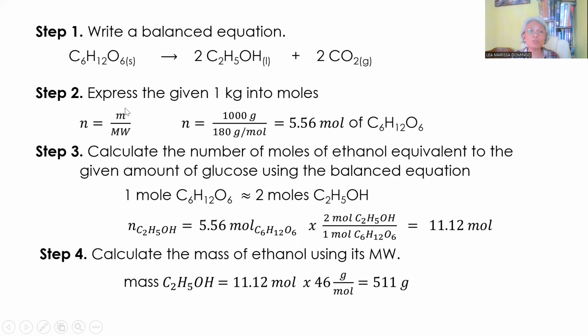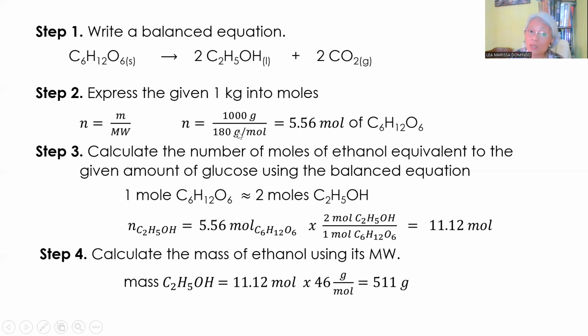The next step is to be able to express the given quantity into the number of moles, okay? Into moles. So ang binigay sa atin ay 1 kilogram ng glucose. So yung mass ng glucose, convert natin yan sa moles. Paano yan? Remember that the number of moles is equal to the mass over the molecular weight. The mass is given with a value of 1,000 grams, so 1 kilogram is equivalent to 1,000 grams.